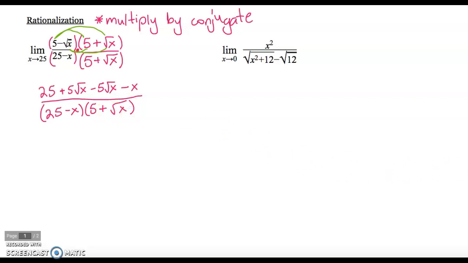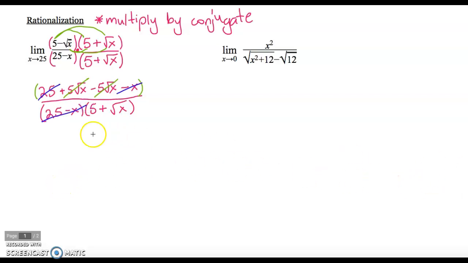Cool. All right, and so when we multiply by the conjugate, the nice part is that we will always cancel out our middle terms. And so what you're secretly left with on top is just 25 minus x. And the nice part is that you have a 25 minus x down here. So my 25 minus x cancels out with this 25 minus x.